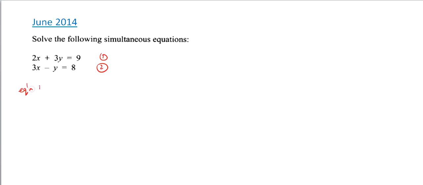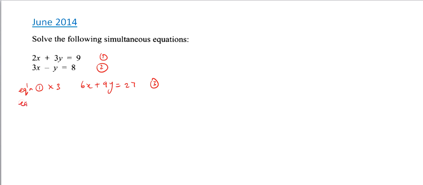So we're going to take equation 1 and multiply by 3. And that will give us 6x plus 9y equal to 27. And we label that as equation 3.